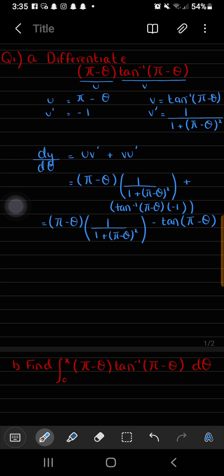Our product rule was u v prime plus v u prime, so we just multiplied that. Negative 1 was multiplying with tan inverse (pi minus theta), so we get that negative sign before tan inverse (pi minus theta). That was really simple.